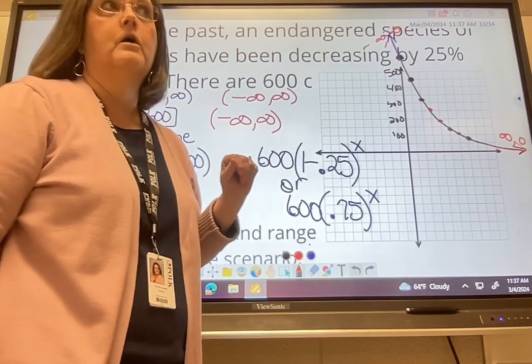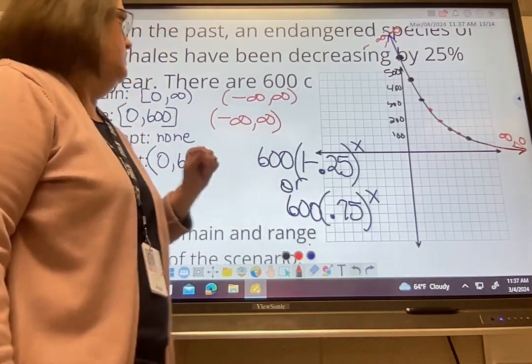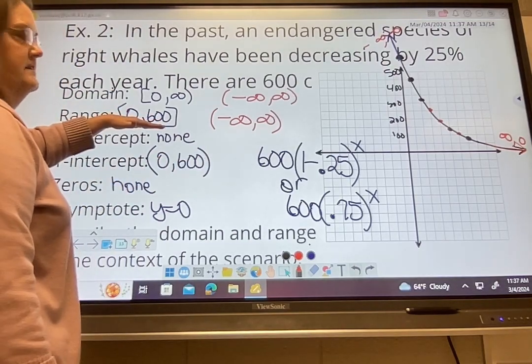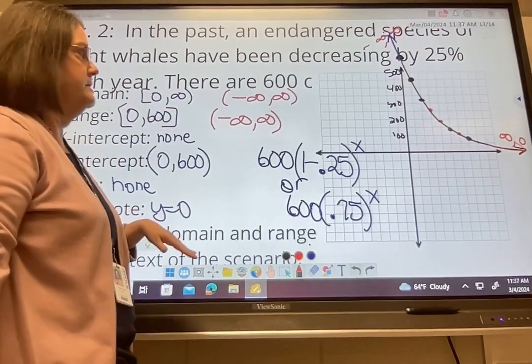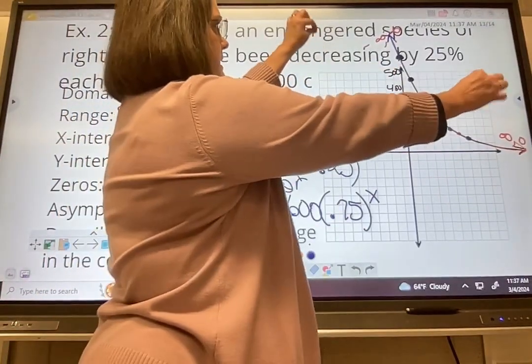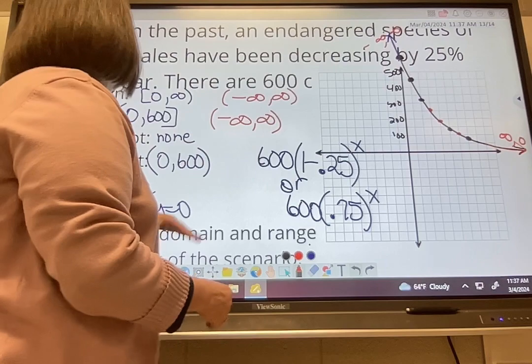You either have a whale or you don't have a whale. And this would be integers, whole numbers. You wouldn't have any decimals or fractions here. So it would have those constraints. But in the theory, the graph has arrows on the end. And so in theory, it's going from negative infinity to infinity.